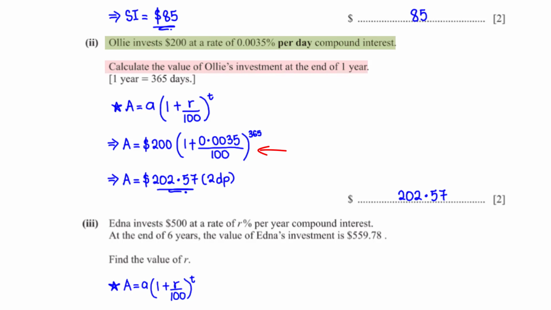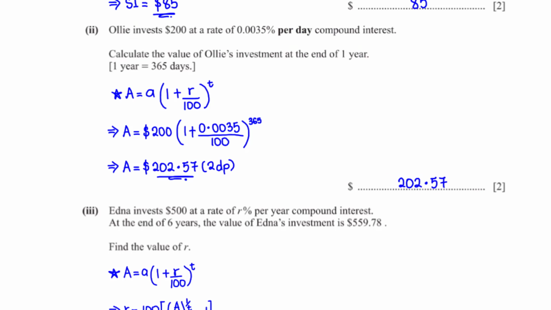Since the rate has been given as 0.0035% per day, then the time duration also needs to be converted to days, which in this case, 1 year equals 365. The small a in the formula represents the principal, and that is $200. The big A represents the amount of money at the end of the investment, which is what we are finding. So when we type this into the calculator, we get $202.57, correct to 2 decimal places.